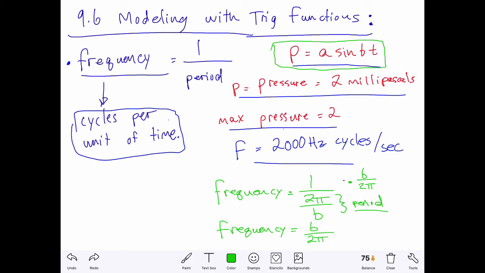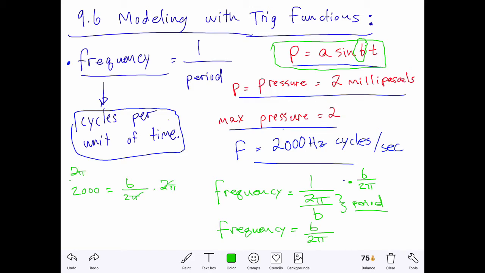Okay, and then they give us a frequency here of 2000 equals B over 2 pi. And now I can solve for B here, because I want to be able to construct a model, essentially write an equation that represents this situation. Okay, so then I'm just going to multiply here by 2 pi.